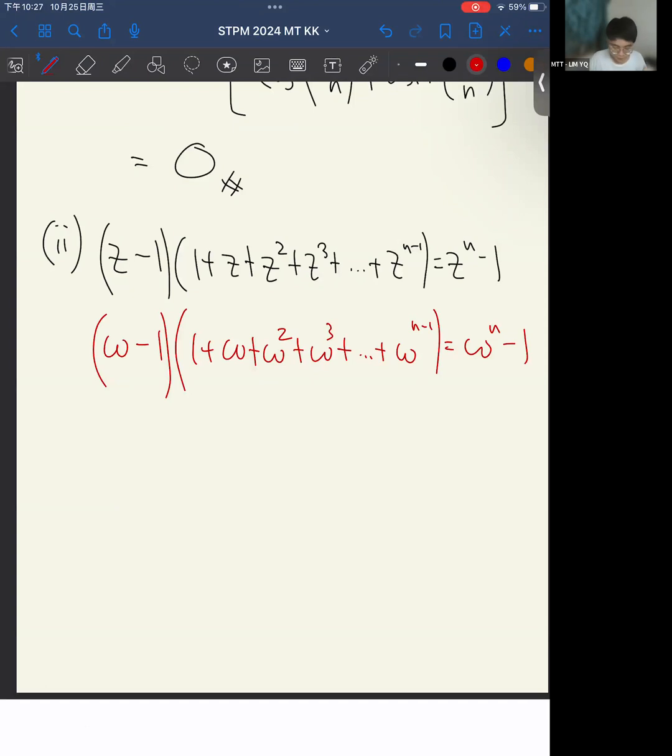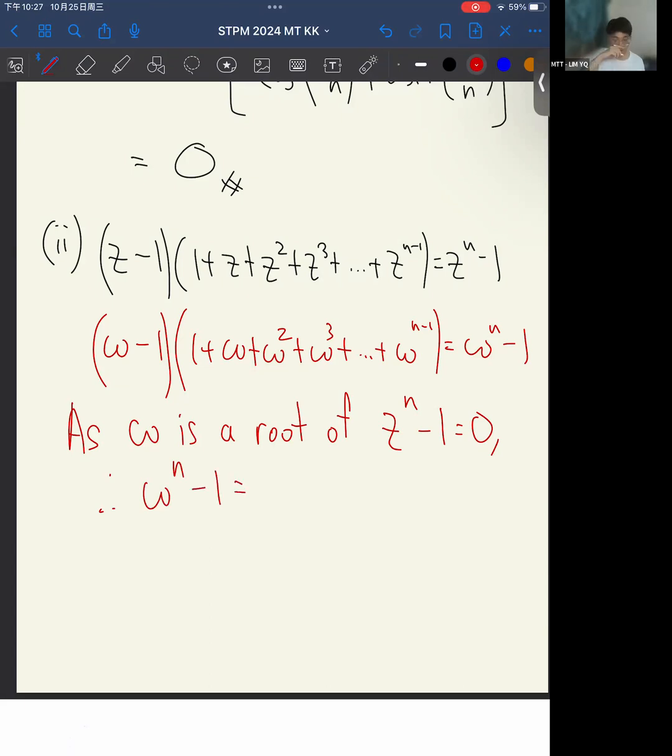What happened is W is a root, am I right? You can write like this, this is mathematical presentation, you need to write something. As W is a root of Z power n minus 1 equal to 0, therefore we substitute W inside Z, W n minus 1 also equals 0. It must satisfy this equation.